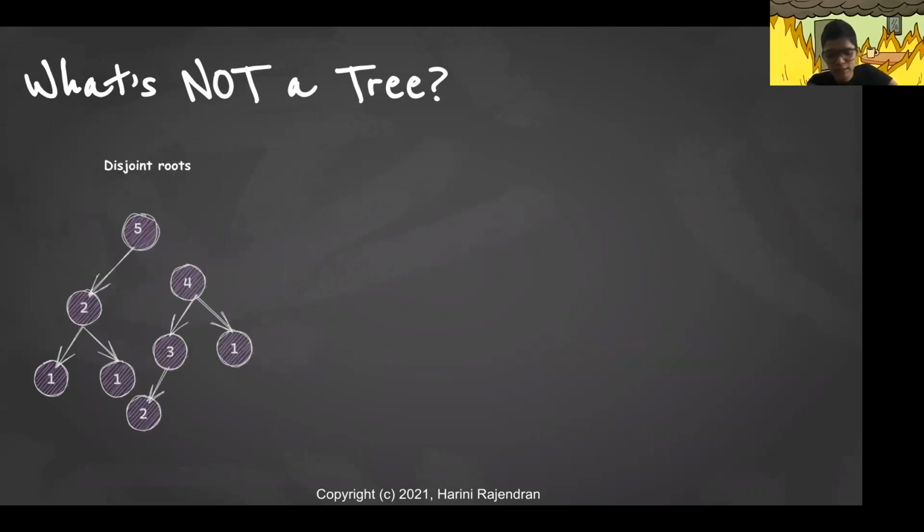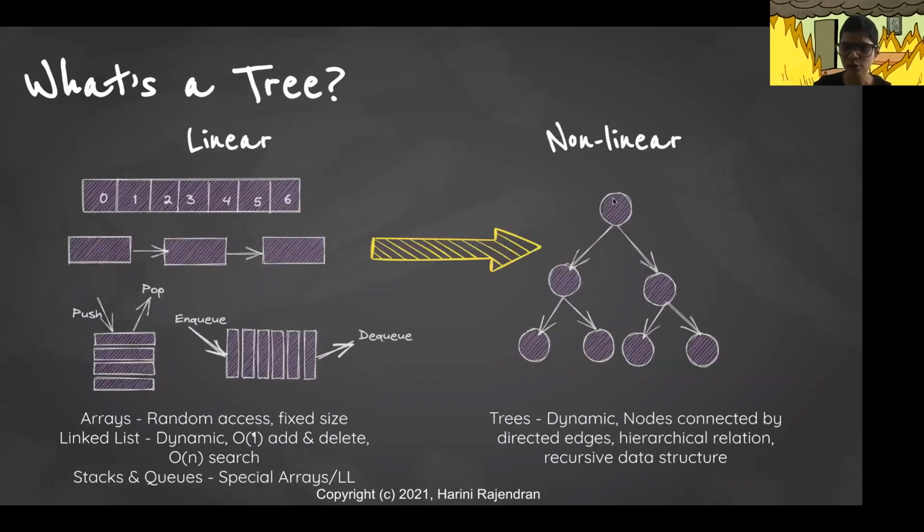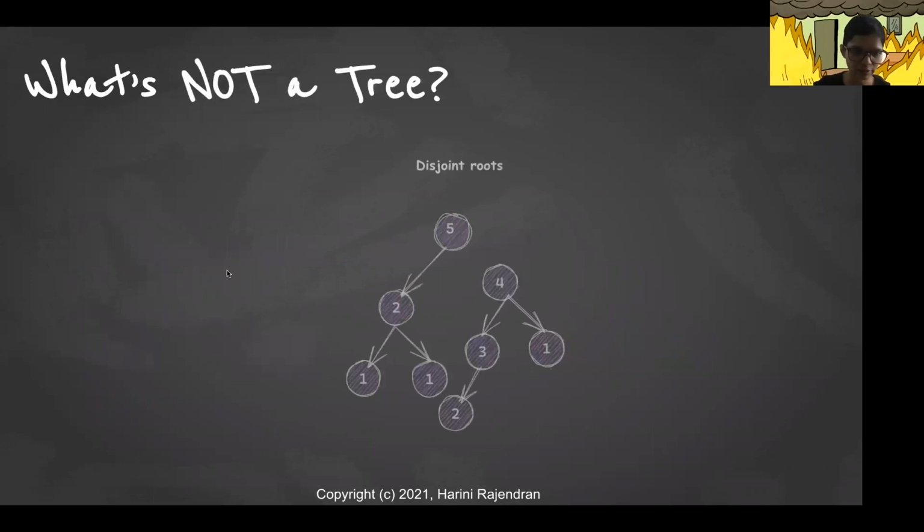So I mentioned earlier that when there are multiple nodes connected to each other in a hierarchical fashion, they are called trees. But then there are certain constraints to trees. For example, a tree should have only one root. All the elements in the tree should be connected to each other in a hierarchical fashion.